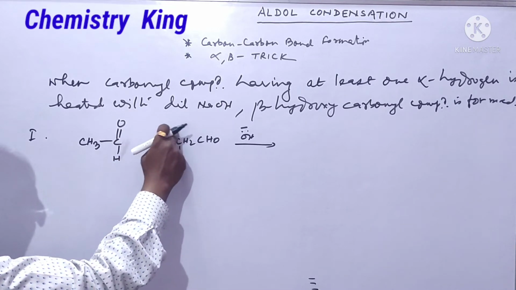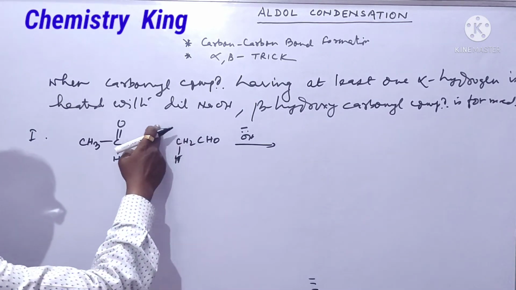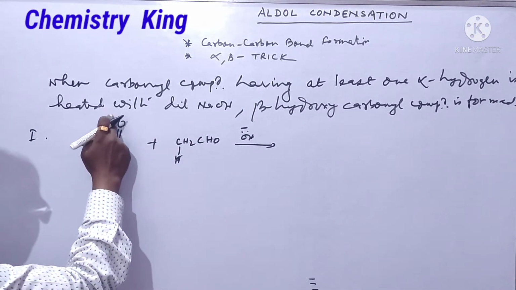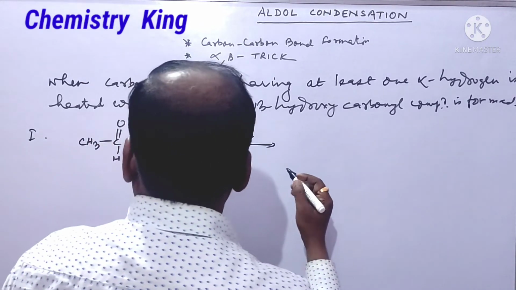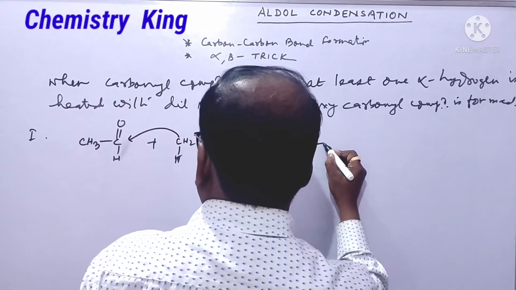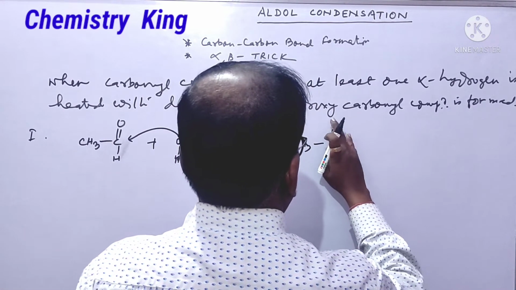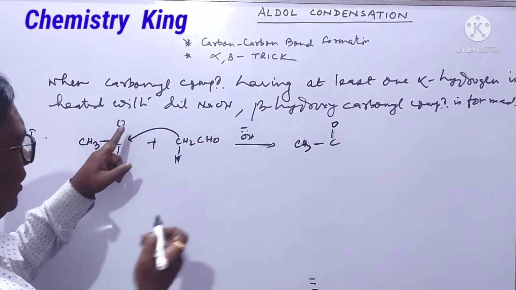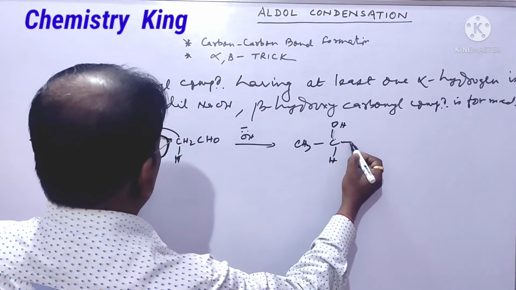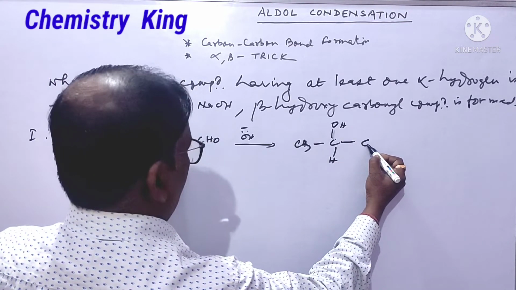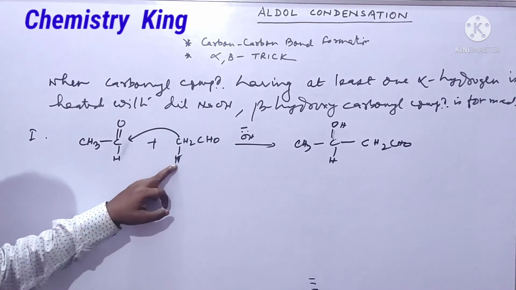If negative ion is produced here, it will be carbanion, which is of course nucleophile. That nucleophile will attack here and this bond will break. So simply here you should remember the trick: O, this hydrogen will come here, OH, and this new carbon-carbon bond is formed, CH2, CHO. This H will come here.